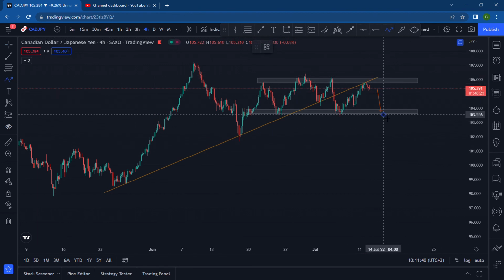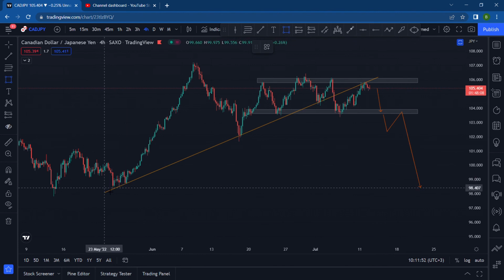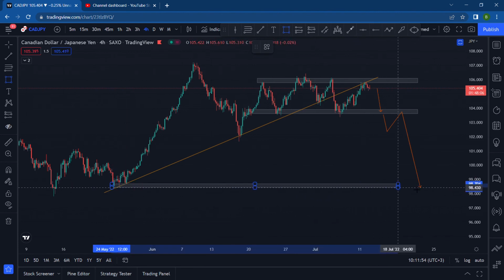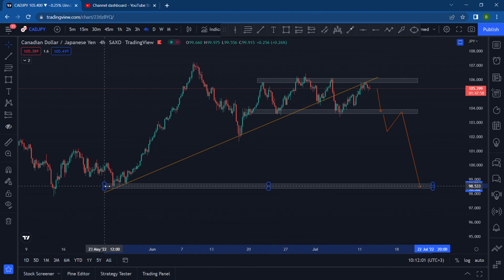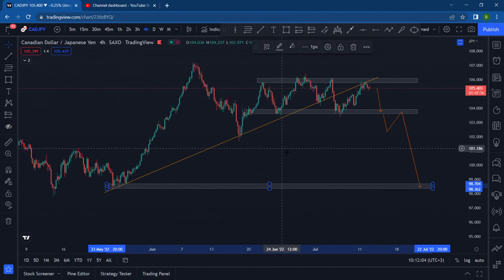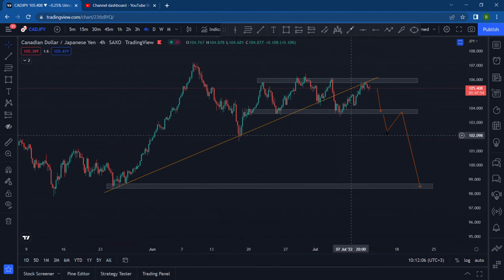I'm also expecting price to break this zone, retest, and fall up to around that zone. So my setup looks like this. The swing setup, I'm going to hold it for around 1 week or so. The risk reward ratio is around 1:7. So the setup looks like this.